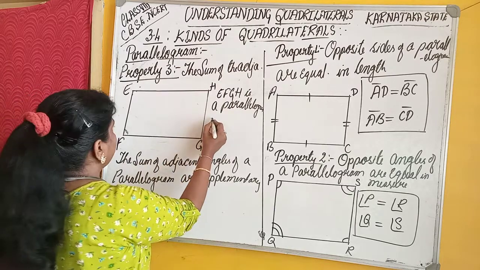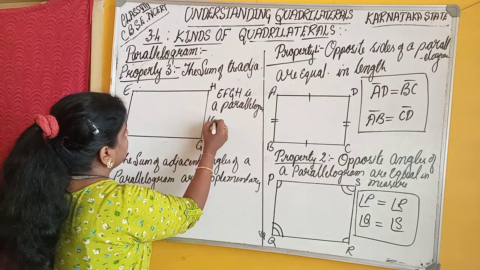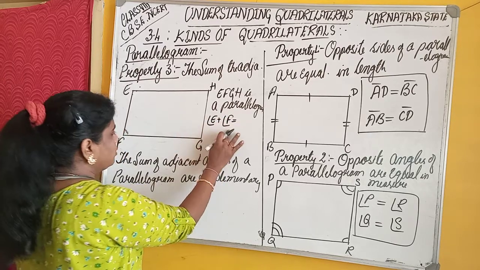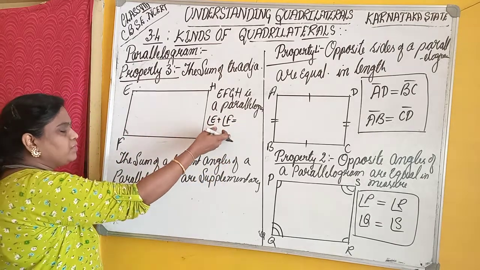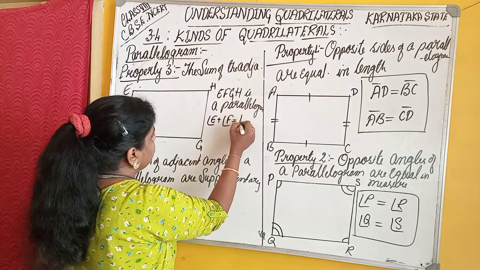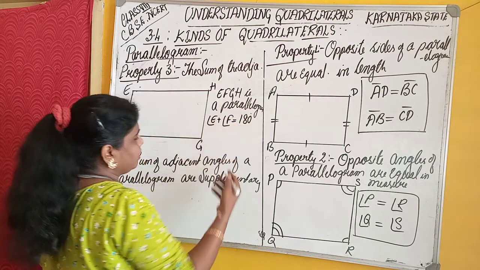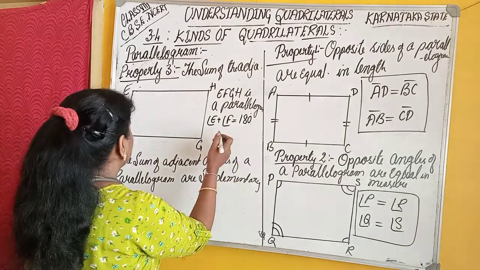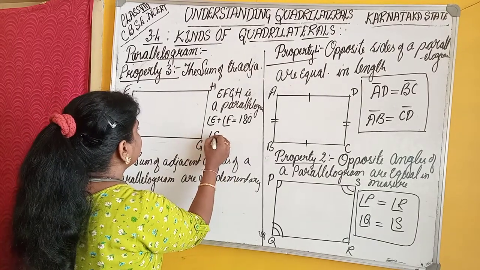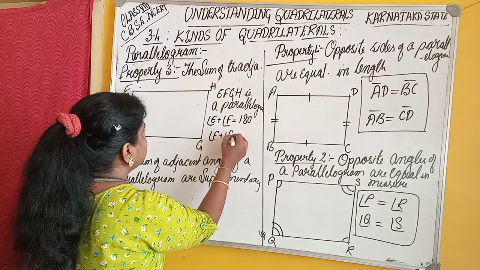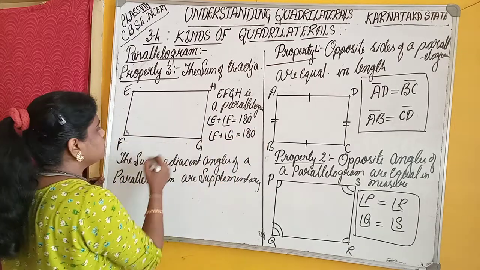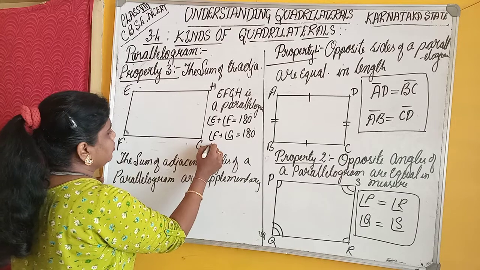Like that, angle E plus angle F: these two are adjacent angles, and the sum of these two angles is equal to 180 degrees. Supplementary means the sum is 180 degrees. Angle F plus angle G is equal to 180 degrees.